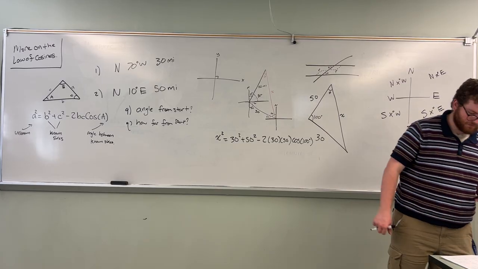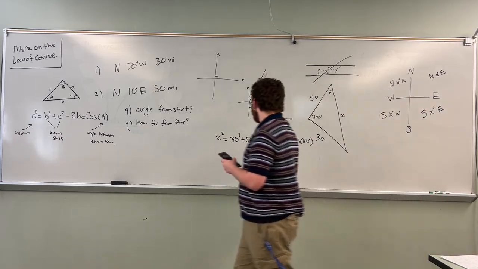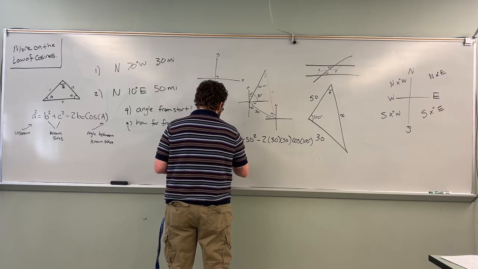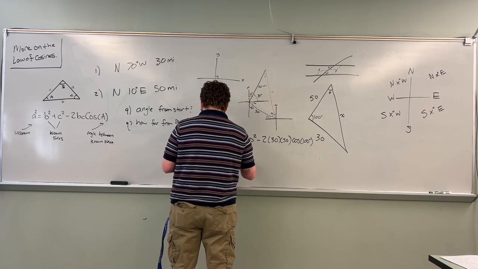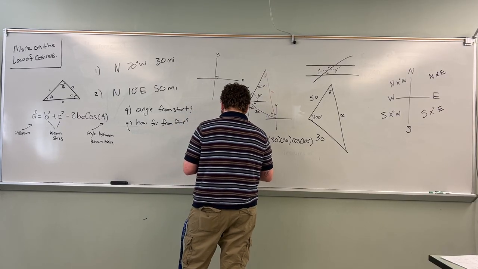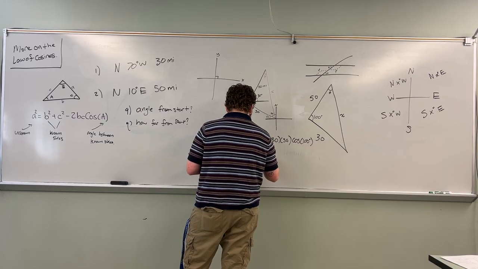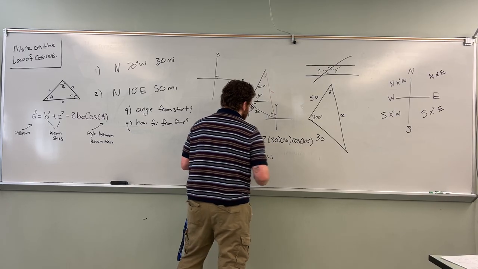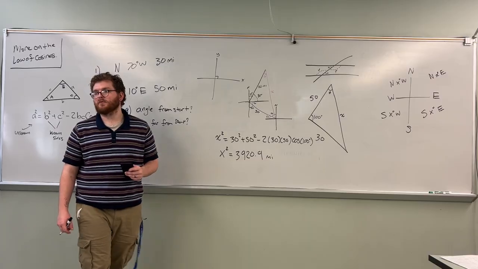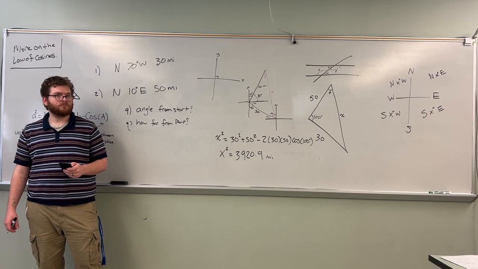I wrote it down wrong in my notes. That's fine. So if anyone else did it with me, I got that x squared is 3,920.9 miles. That's x squared. Did anyone else get that? Good.